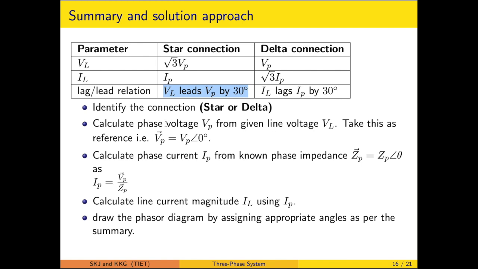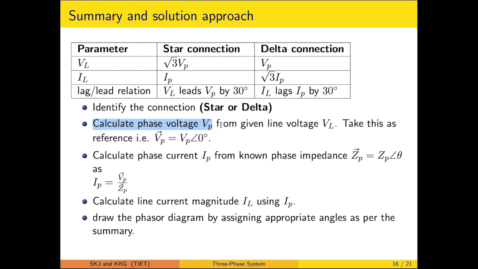How the systematic procedure is, we have to first identify the connection, or let's say it is specified in the problem, so that is okay. From the given AC system data, calculate the phase voltage. So usually the line voltage is specified, but from that we will be calculating the phase voltage.